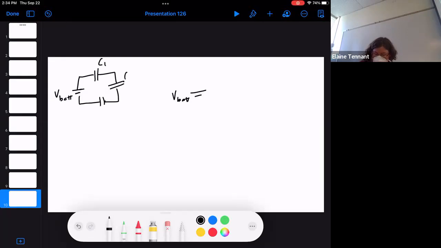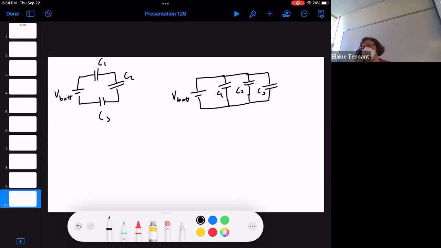So I can hook them up like this, or I can hook them up like this. C1, C2, C3. Like I say, same battery for both of them, same capacitors for both of them. Only thing different is the geometry of how I hook them up.